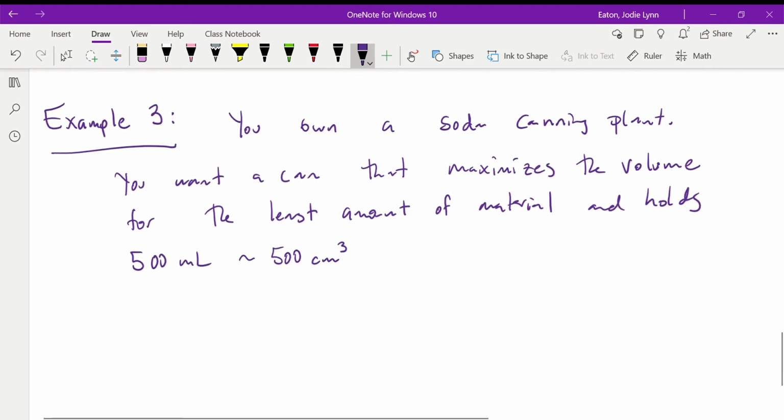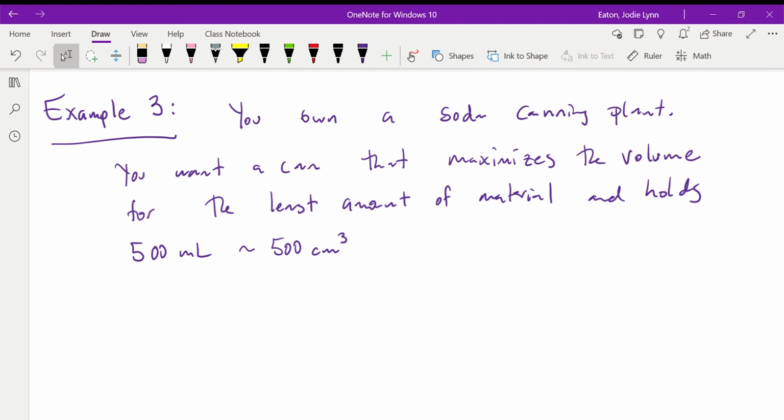Okay, so you want biggest volume, smallest amount of material, and we're given a constant for our volume.